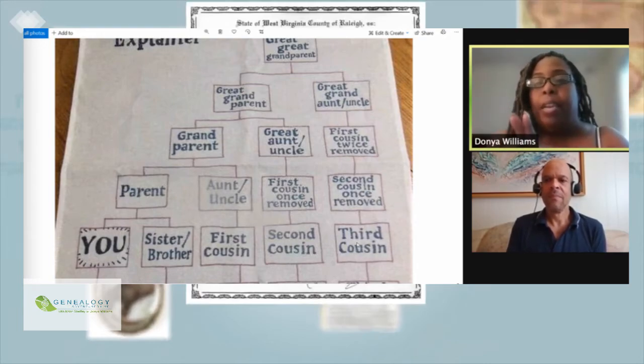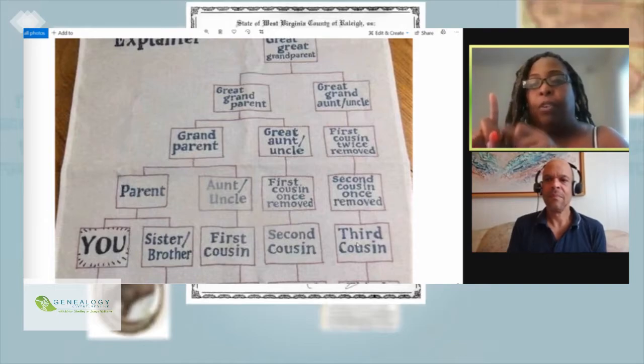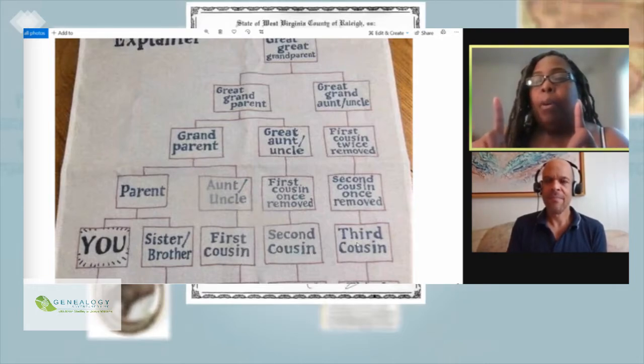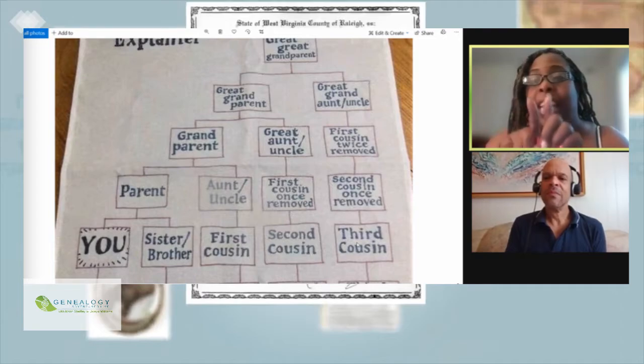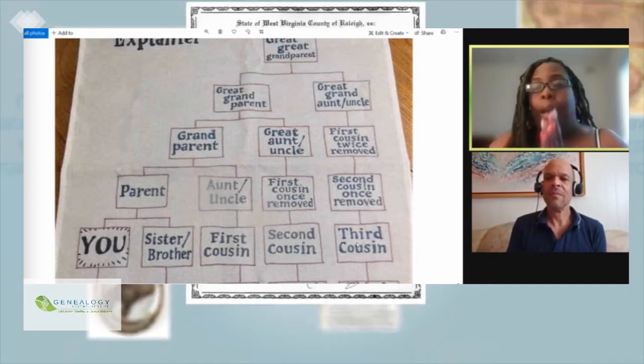And because they married each other, both of their children are first cousins once removed to each other. Got it. But then when they started to have children together, their children on one end are half siblings to each other, but on the other end they're first cousins once removed.